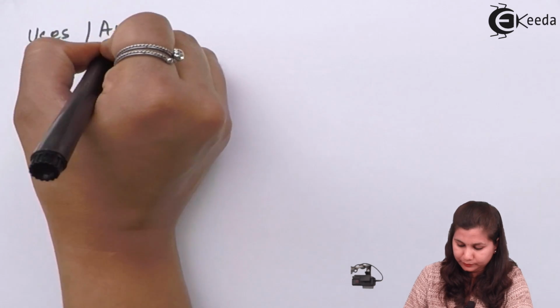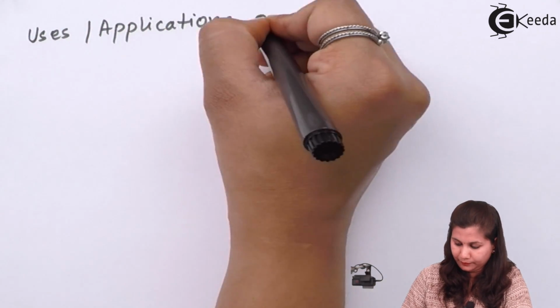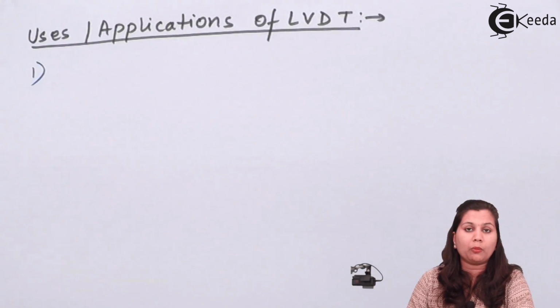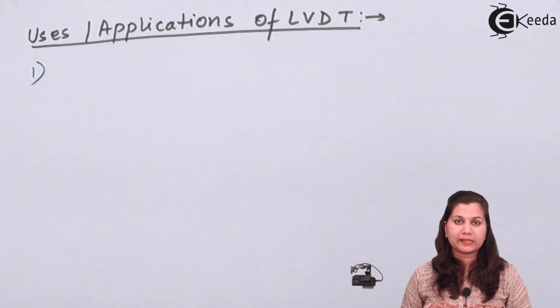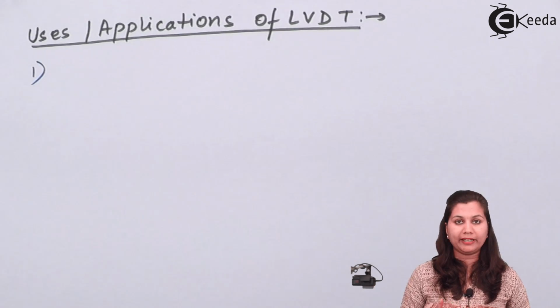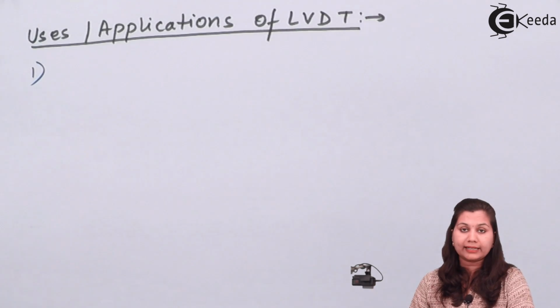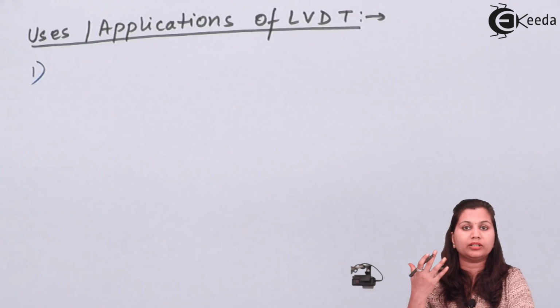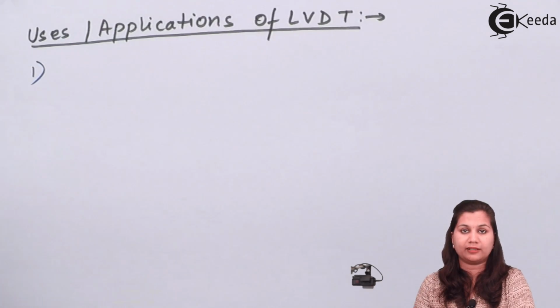Now let us see some of the applications and uses of LVDT, in what fields we can use the linear variable differential transformer. As the LVDT measures displacement, it can be used in a wide variety of applications wherever we want to measure displacement. It acts as a transducer, so the displacement is converted into an electrical signal, a voltage.